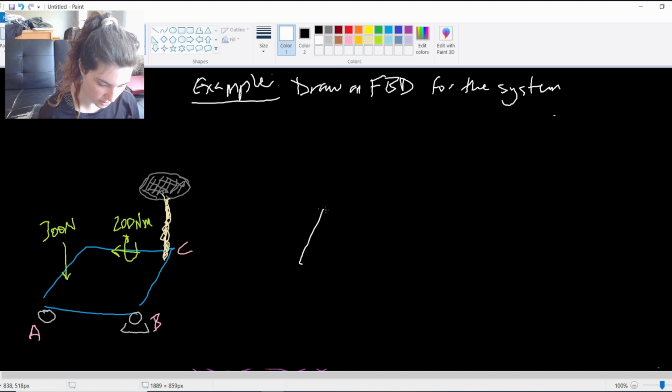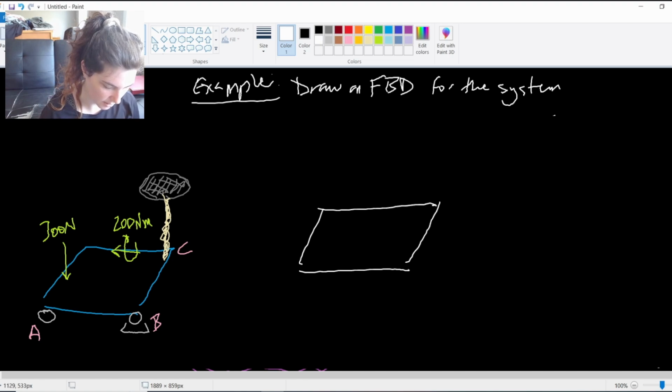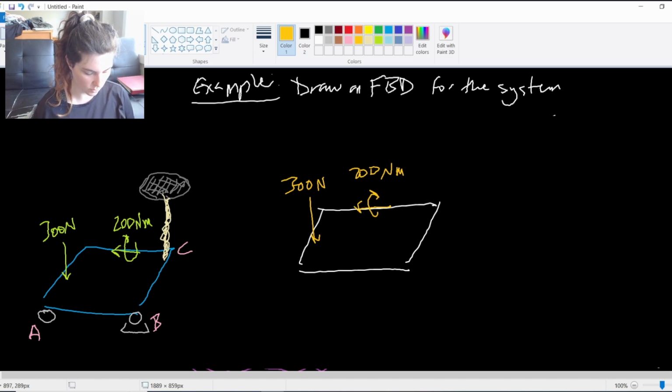So of course my first step is drawing this plate as my free body diagram, and I'm going to go ahead and add in these applied forces that I'm seeing. So this is the 200 Newton meter moment.